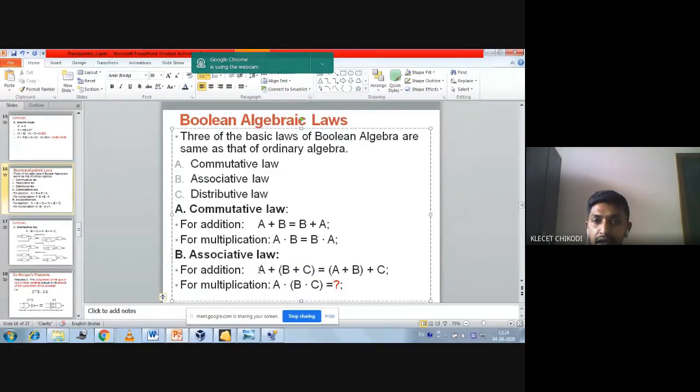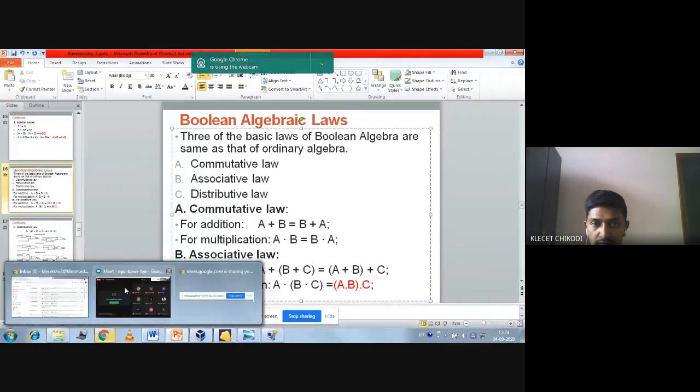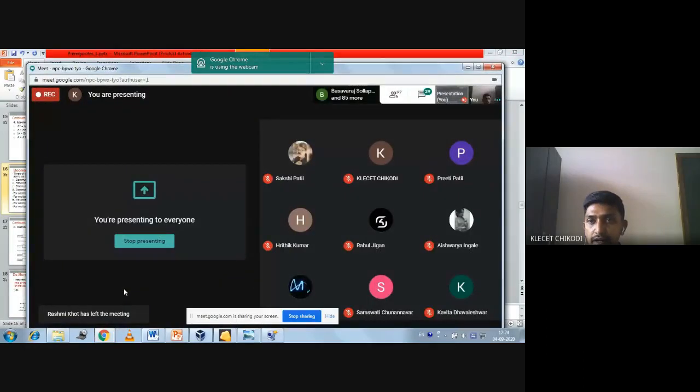We read it as A plus BC is equal to A plus B plus C. Similarly, for multiplication, A into BC is equal to A into B in bracket into C. Is that clear? Associative for multiplication.